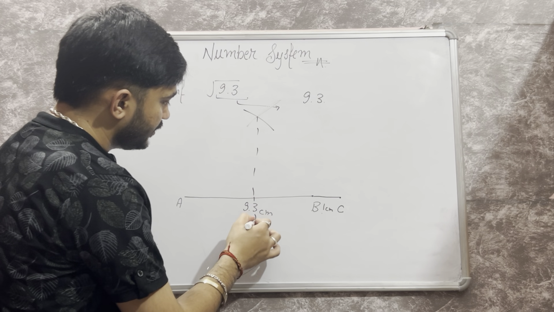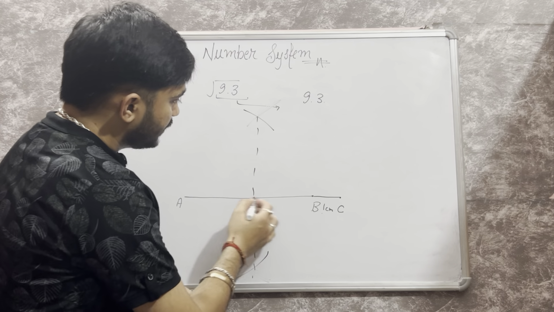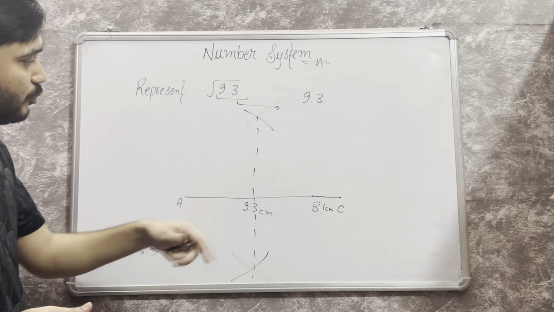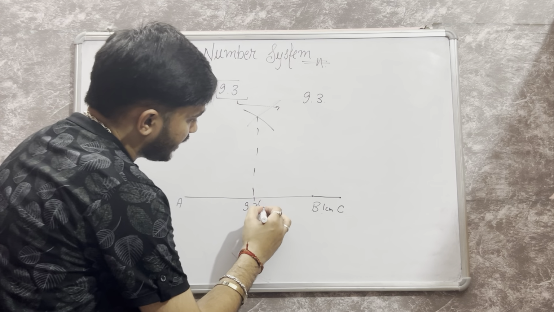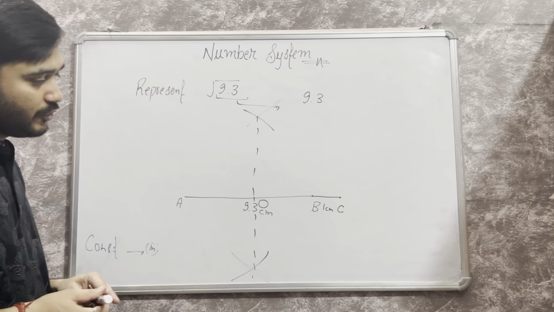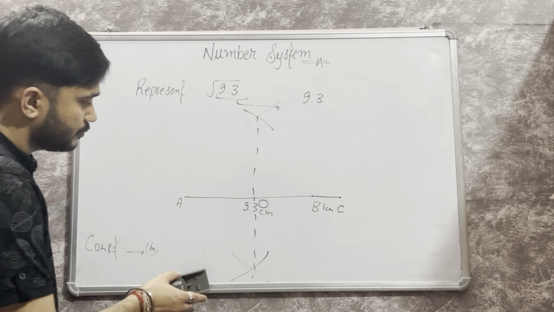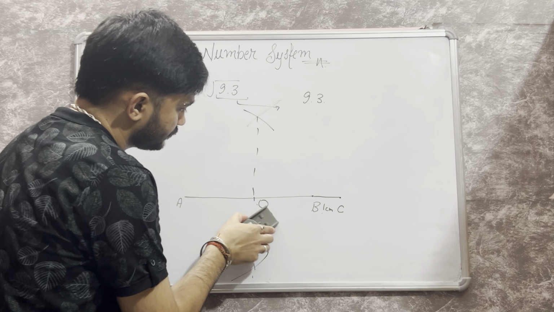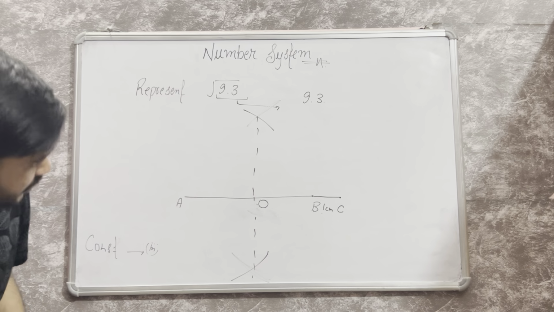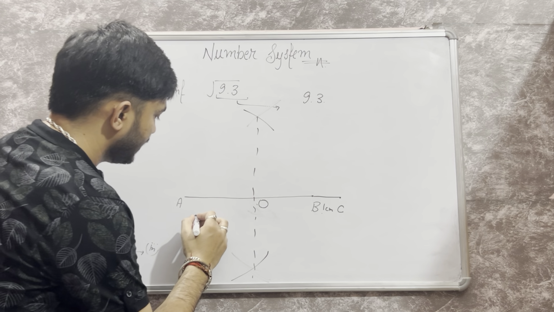So you will see that you will cut the AC line at some point and you are going to name this as O.